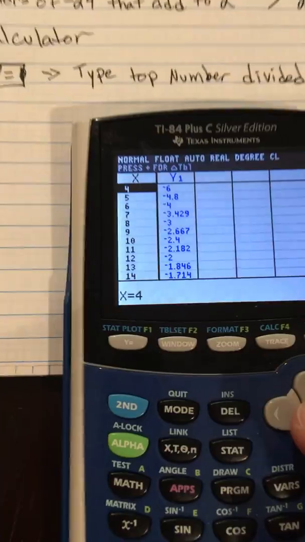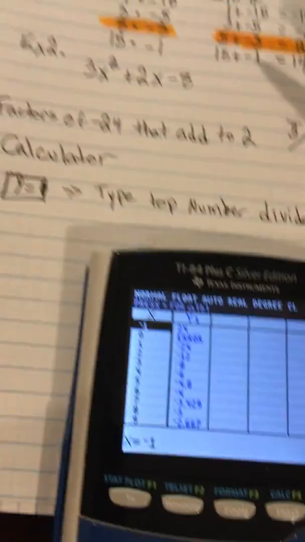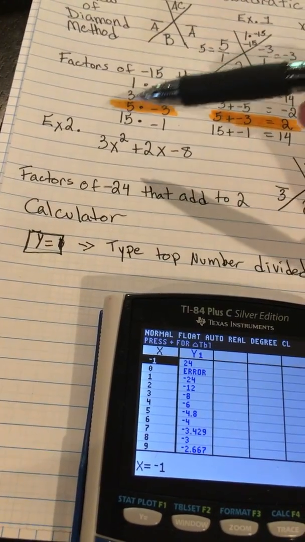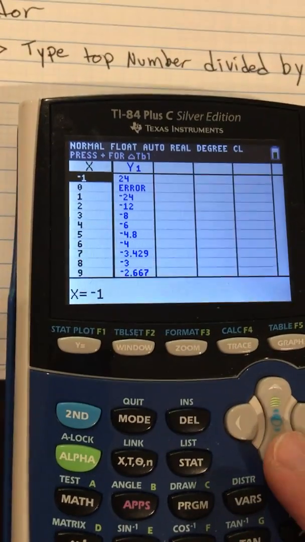So before we went through and we basically just said, well, 1 times negative 15, 3 times negative 5, 5 times negative 3. Well, now this time it gives us a whole list.